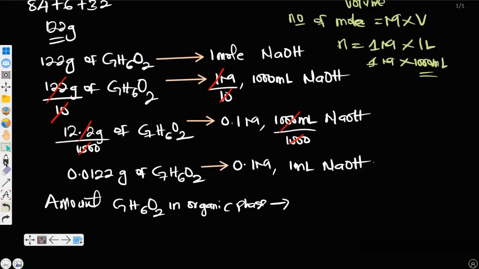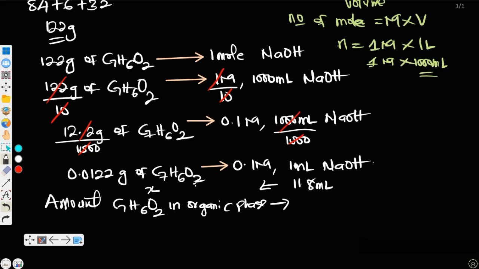Let me just show you, 0.0122 gram of benzoic acid reacts with 1 ml by standard. So 11.8 ml is going to react with what? X. When you cross multiply, it will just be like this: 0.0122 multiplied by 11.8 ml.